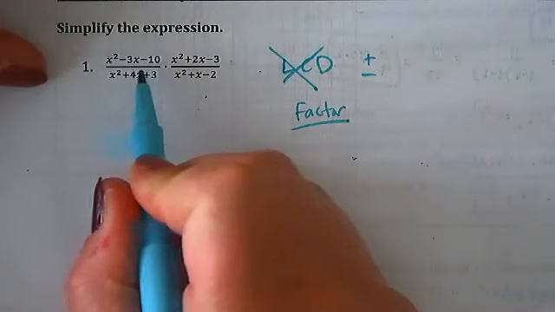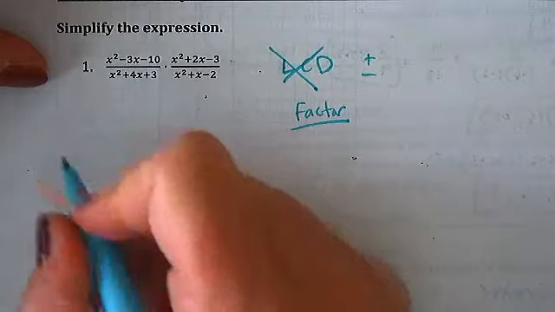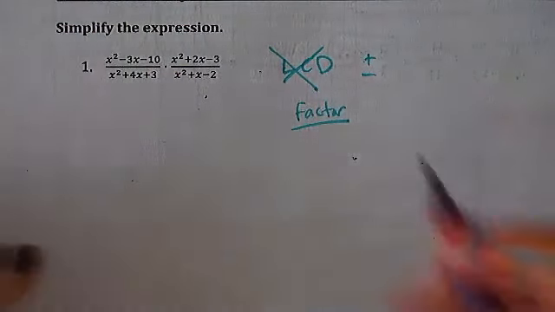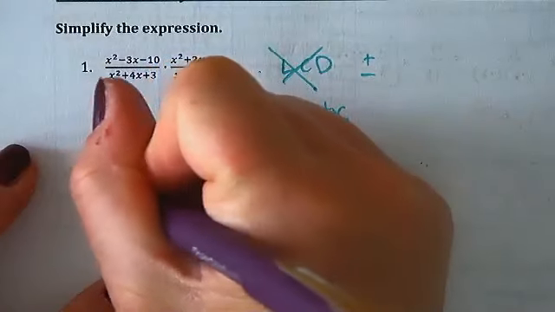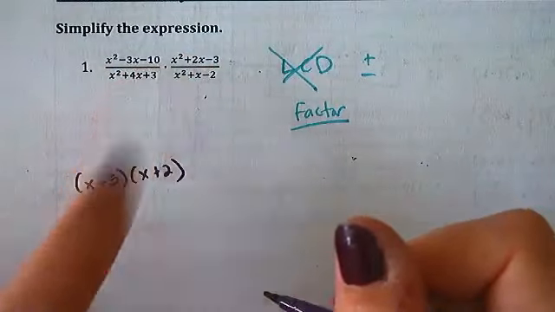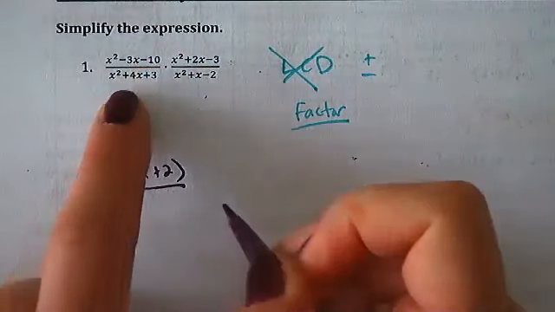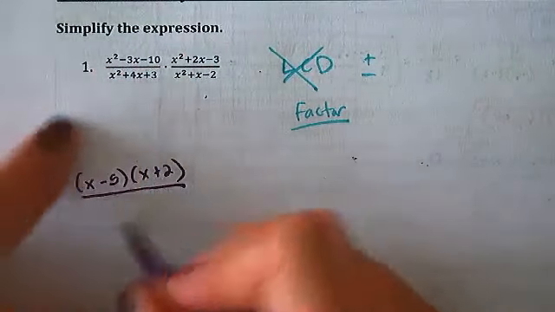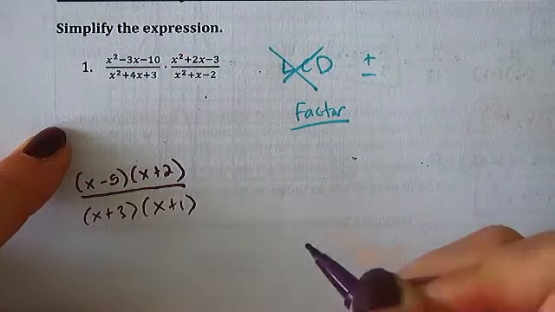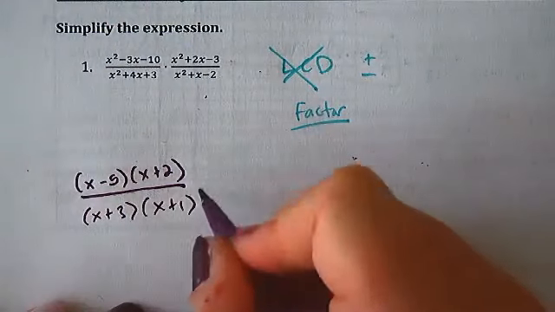To factor this out would give us x minus 5 and x plus 2. That's this numerator, and that's over this denominator factored out, which is x plus 3 and x plus 1. So again, we have to be good at factoring.